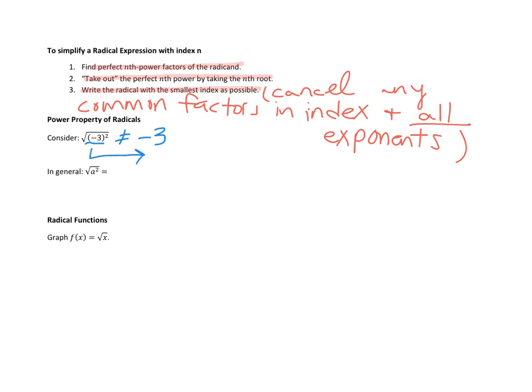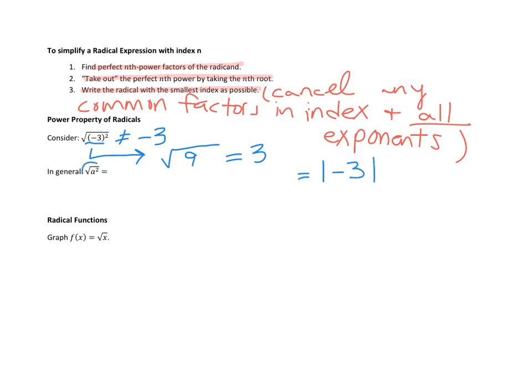So what's really happening is negative 3 squared with parentheses is positive 9, and then the square root of that is 3. So really, if anything, we can say that the square root of negative 3 squared is equal to something like this, the absolute value of negative 3.